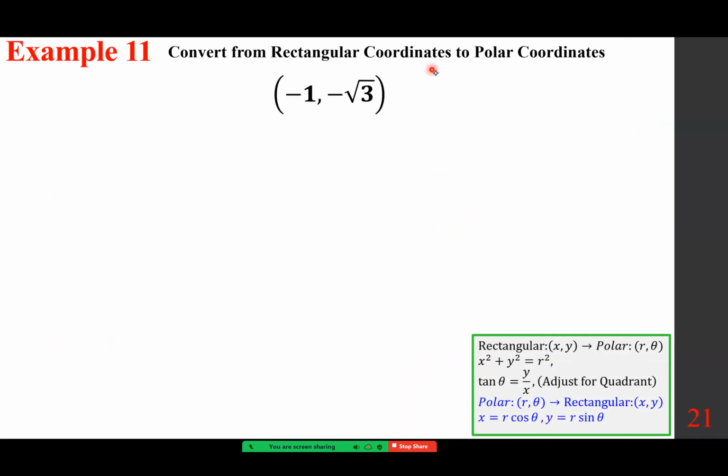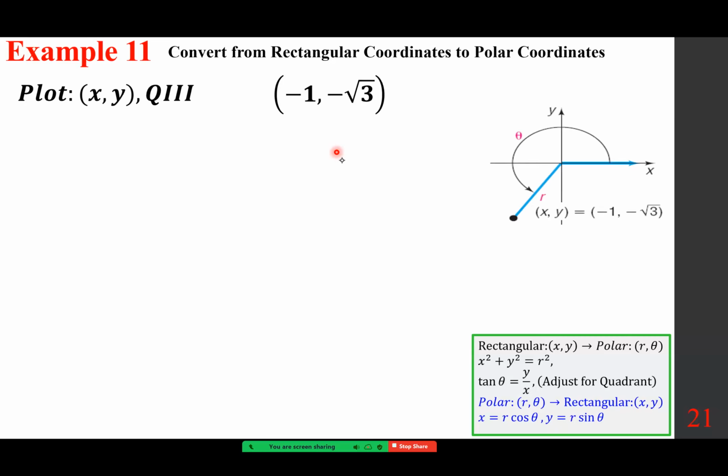Convert from rectangular coordinates to polar coordinates, and we have -1 comma -3. So we're going to plot this pair which belongs to the third quadrant. Plotting it. Okay.